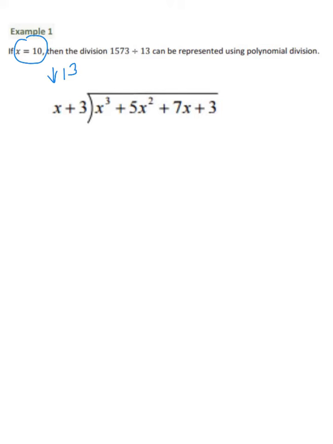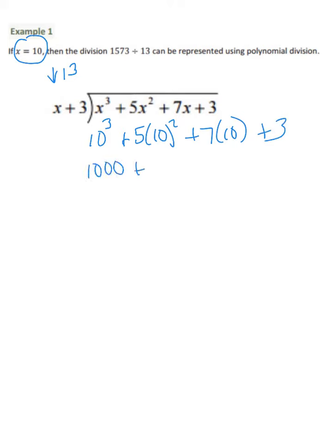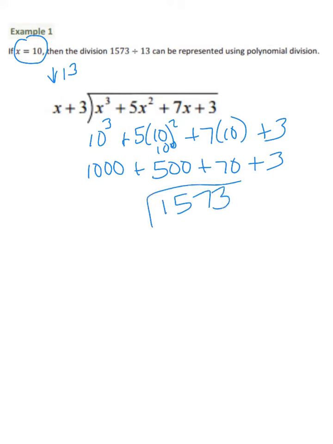This part would be 10 to the 3rd power, and this part would be plus 5 times 10 squared, plus 7 times 10, plus 3, which means 10 to the 3rd is 1,000. 5 times 10 squared, 10 squared is 100, right? So that would be 500 when you do 5 times 100. Plus 7 times 10 is 70, plus 3, and really we get the 1573 that we just did a moment ago divided by that 13 out in front, if x turned out to be 10.